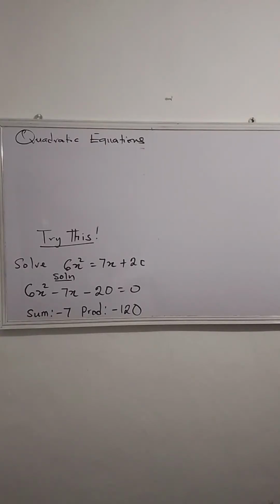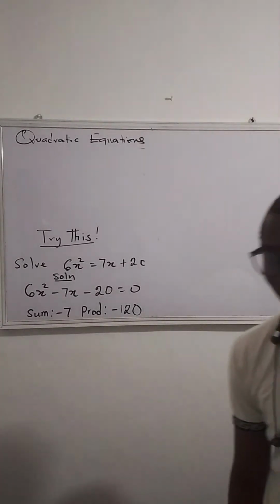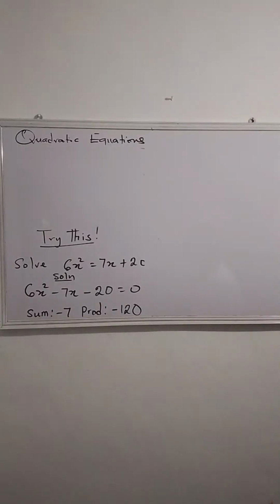Nobody is dropping. Two numbers such that when you multiply together, you have minus 120, and when you add, you have minus 7. So what are the two numbers? Drop your answer in the comment section.